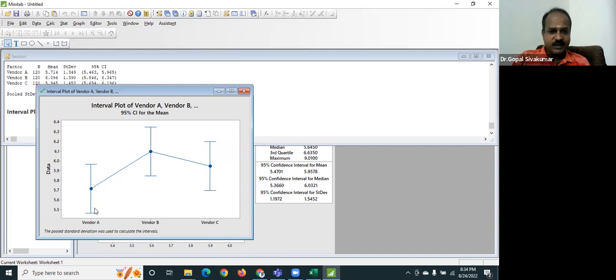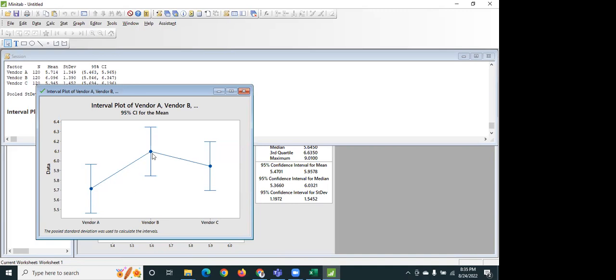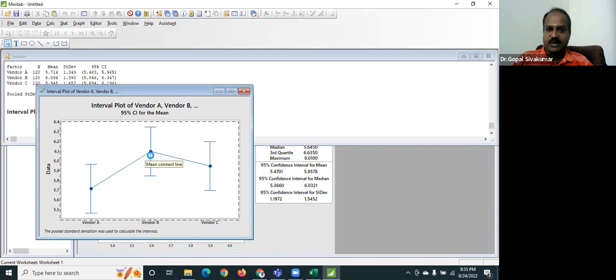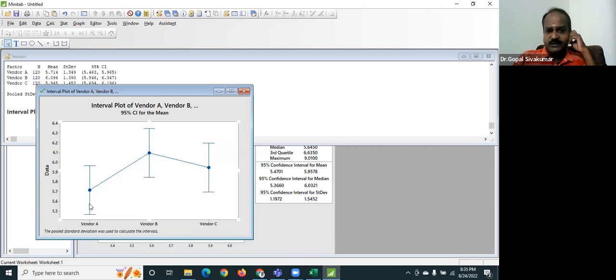Why? Because the confidence intervals are overlapping. Though the mean value is lower for A, I still don't consider A as better. Because at times A can have a mean value here, 5.71.